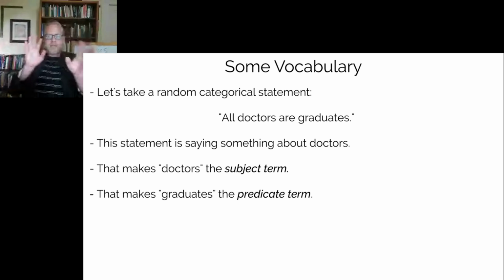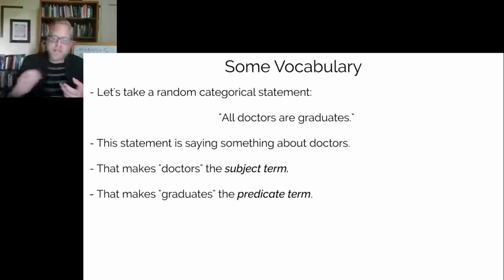For any of these categorical statements, the first thing that comes right after the all, some, or no is the subject term, and then the second thing, whatever the sentence ends with, is the predicate term. Because we're predicating something of the subject. That means we're saying something about the subject.